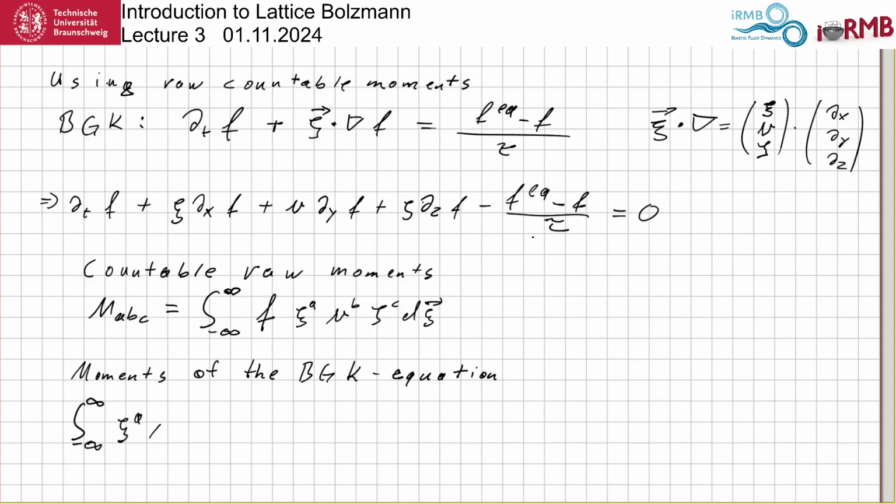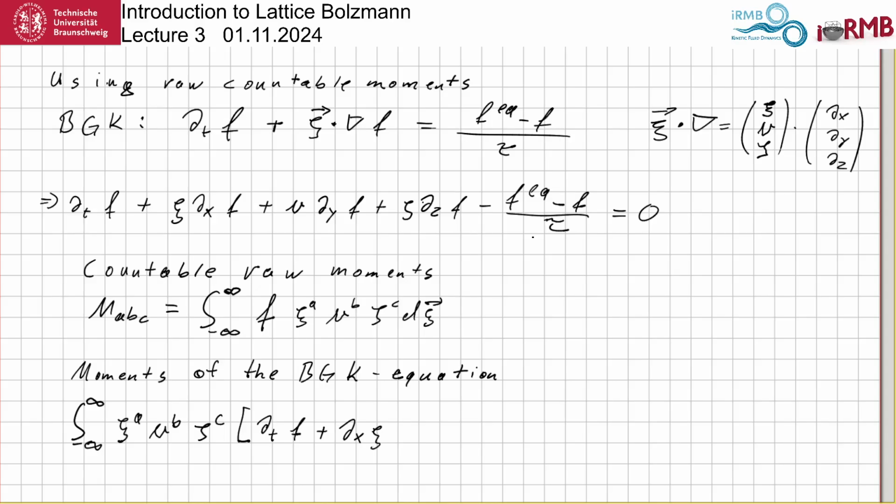Xi to the power of A, upsilon to the power of B, zeta to the power of C, and now comes the entire equation instead of this f. So this is dt f plus dx xi f.